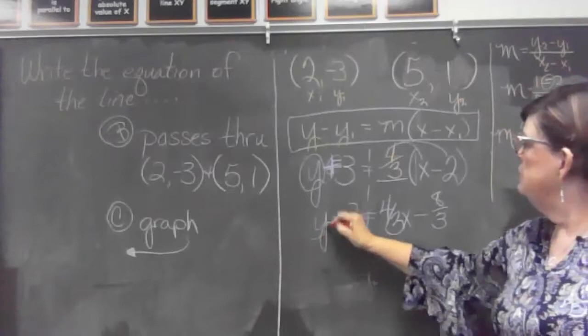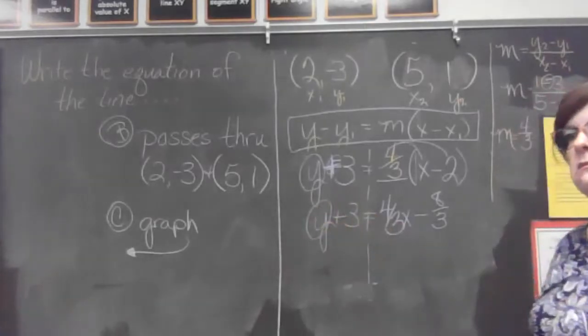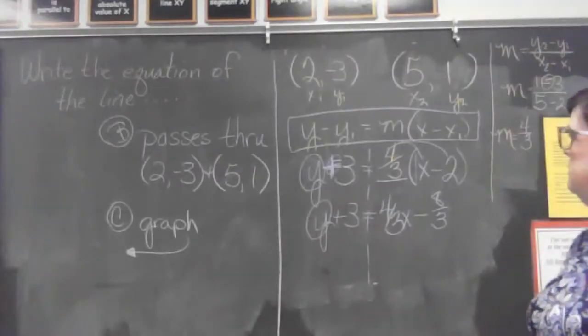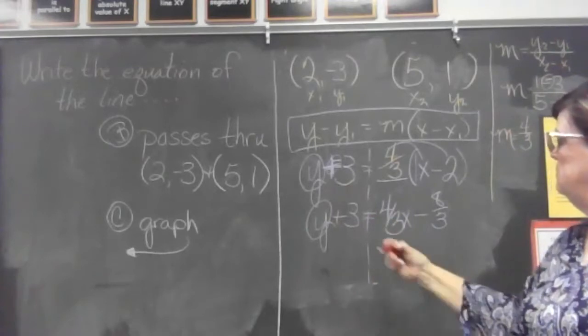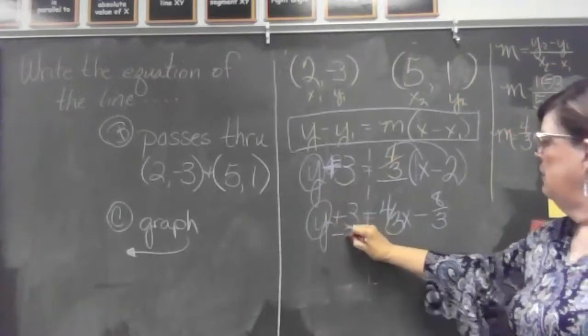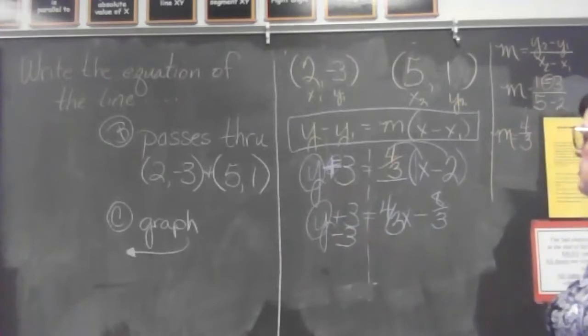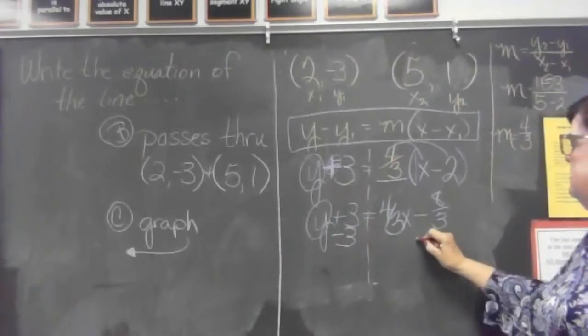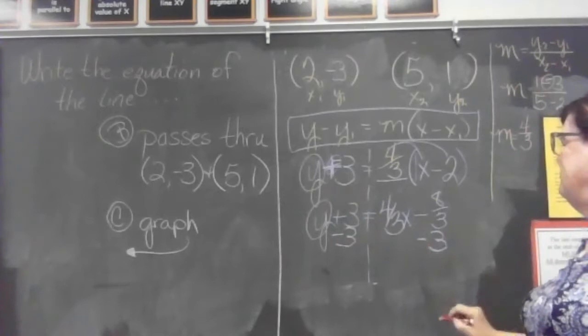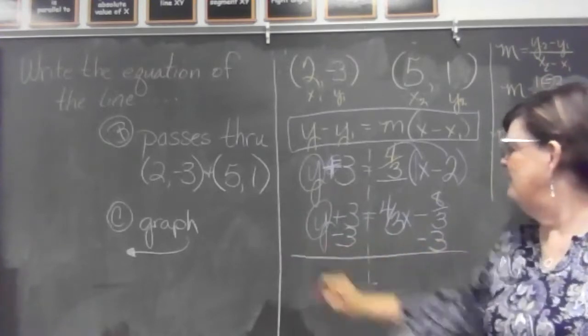We know that we want to solve for y. So what do we need to do? Subtract the 3. Good. I heard a lot of answers. Minus 3 from that side, and yes, we're going to minus 3 from here. Okay?